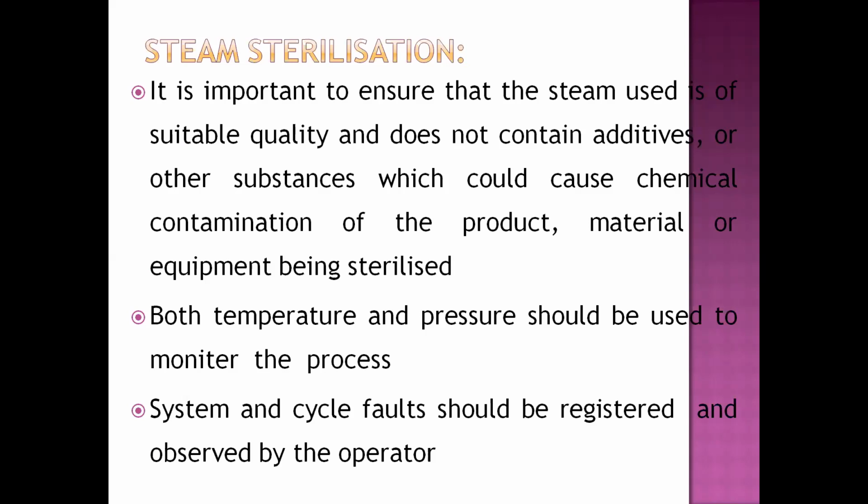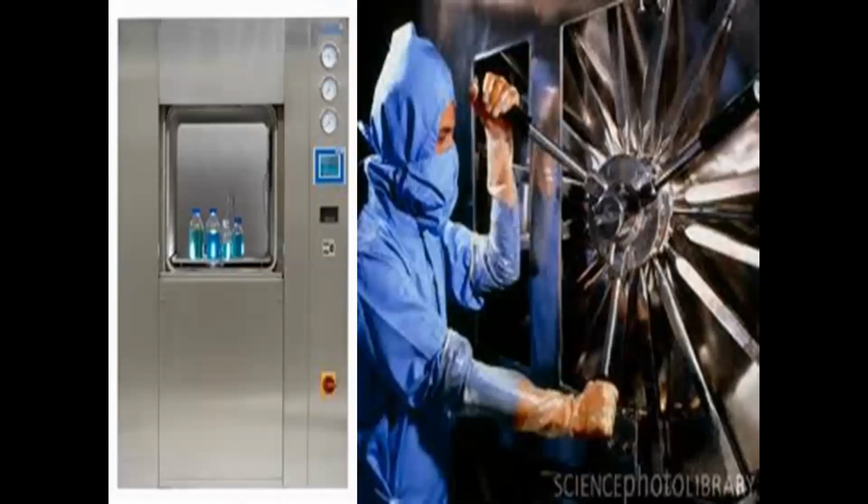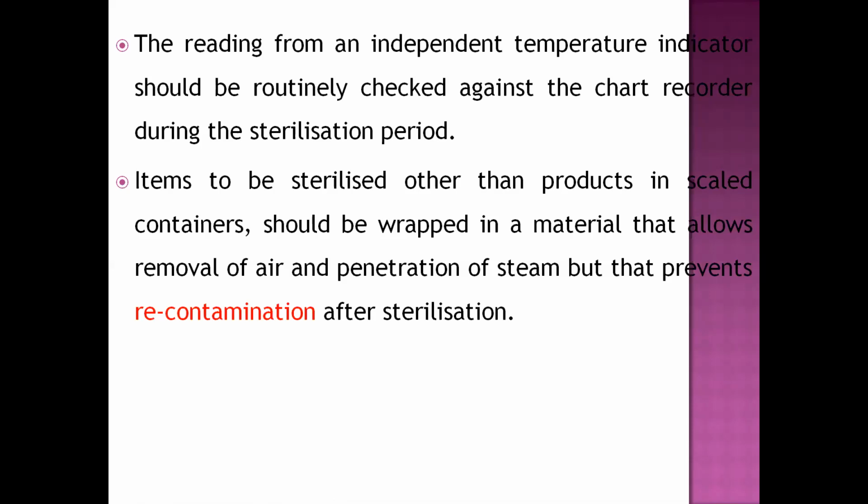Both the temperature and pressure should be used to monitor the process, and system and cycle faults should be registered and observed by the operator. Readings from an independent temperature indicator will be routinely checked against the chart recorder during the sterilization period.